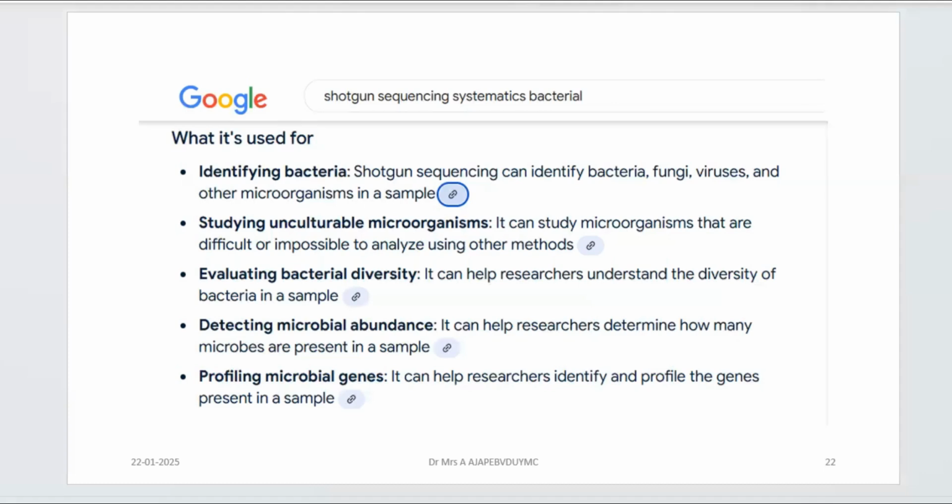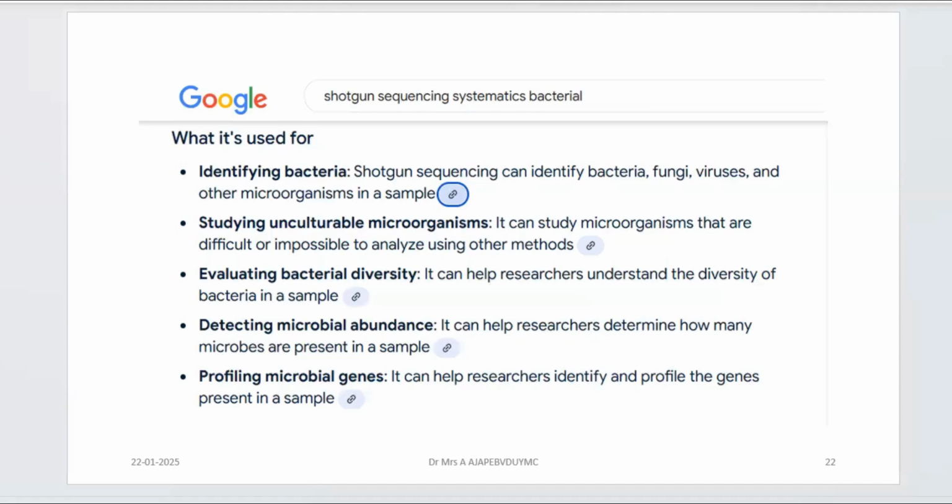So we are not able to mimic that in the laboratory, and we are not able to cultivate the major chunk. Hardly 1% of microbes we are able to cultivate, and we call the rest unculturable bacteria. So when it comes to the study of unculturable bacteria, shotgun sequencing is done.